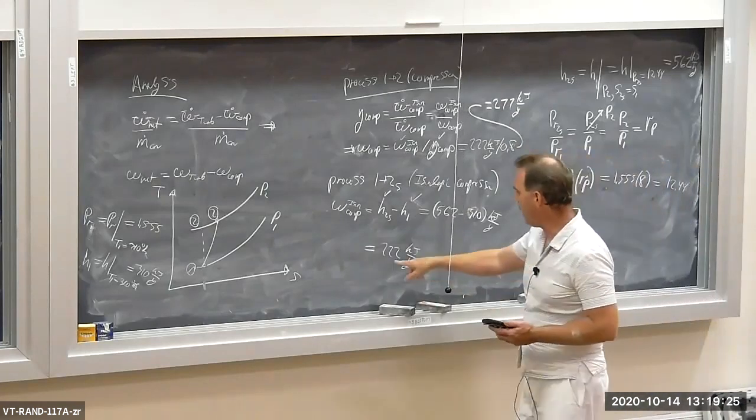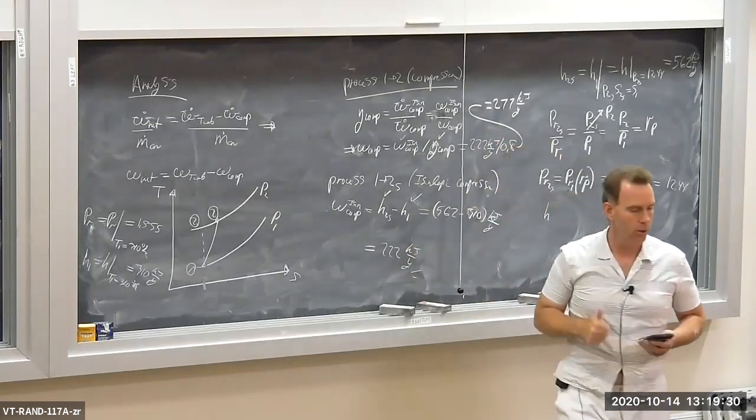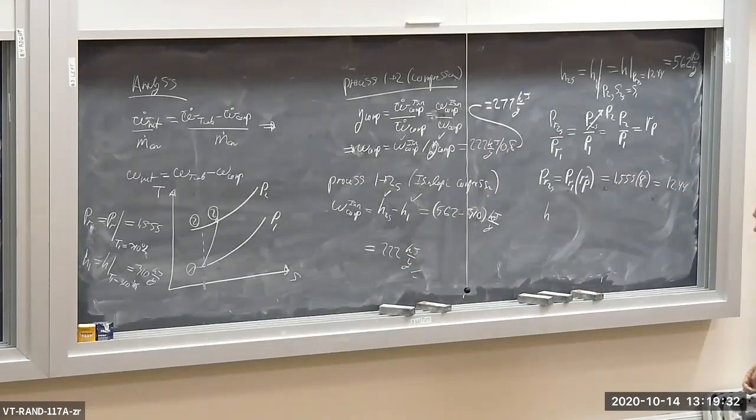Notice that the isentropic compressor takes less power than the real compressor to pressurize the flow up by a factor of 8.